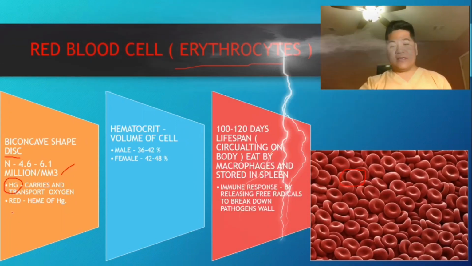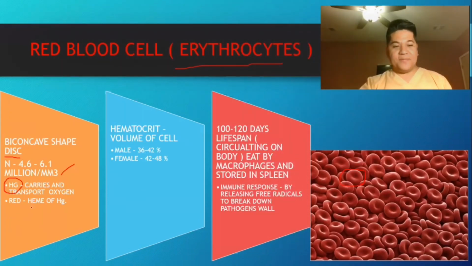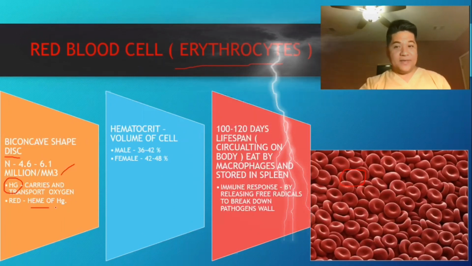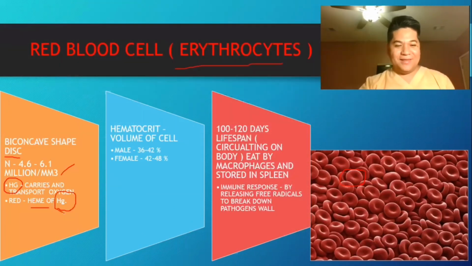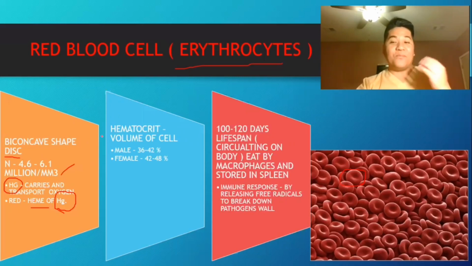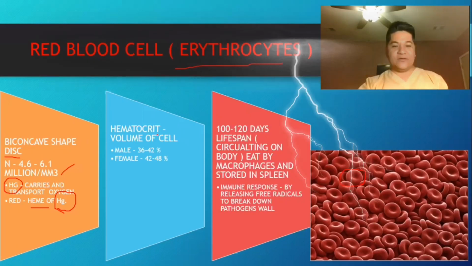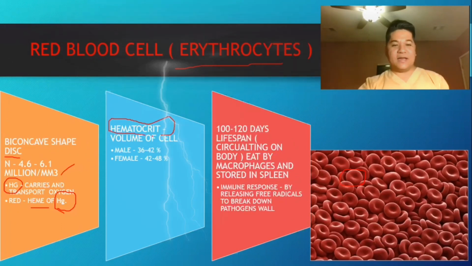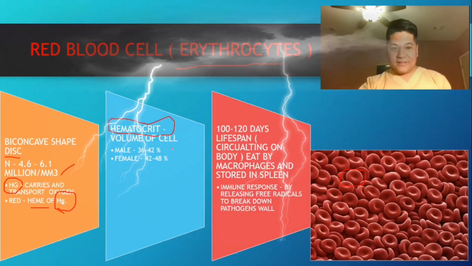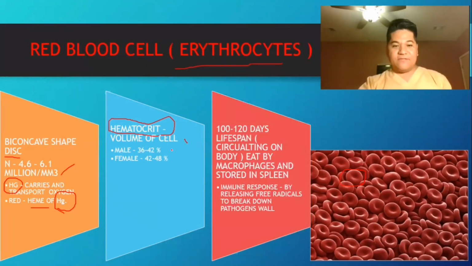Now it is colored red because of the hemoglobin. Okay, so that is the color red. Now the portion of the blood that is red blood cells is called hematocrit. So the more red blood cells, the higher it is. It differs in value for male and female.